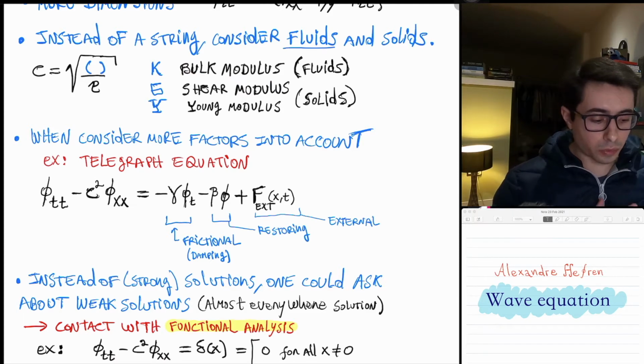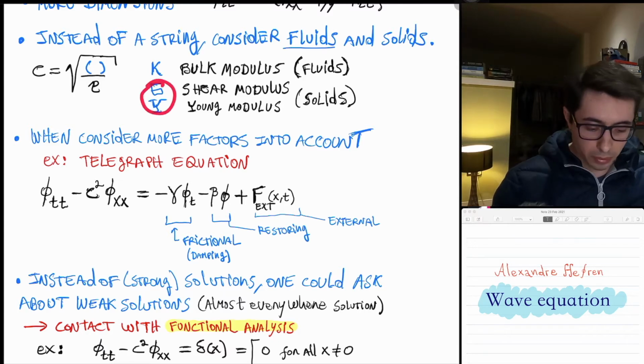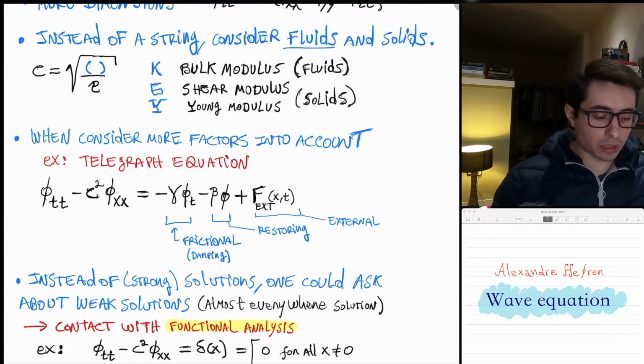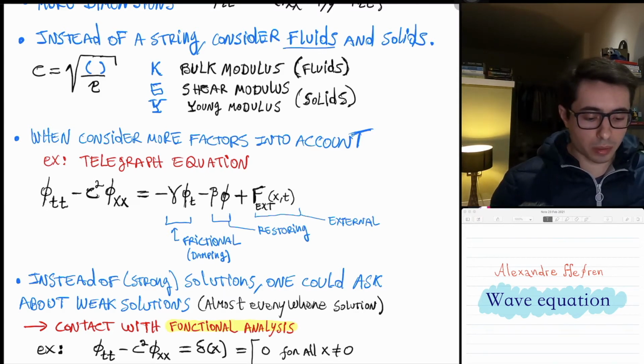For fluids, for example for sound, we would use the bulk modulus. And for solids, crystals and solids, we would have to use these other two, for example.